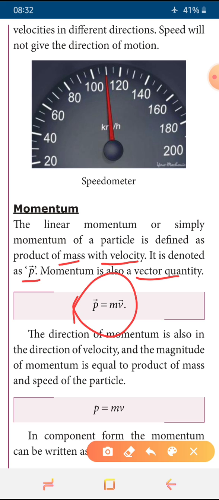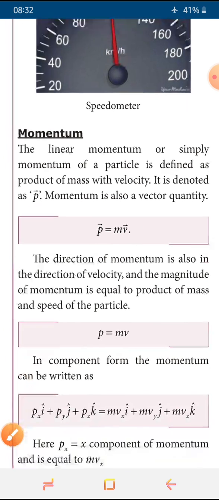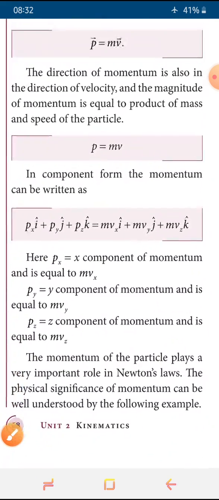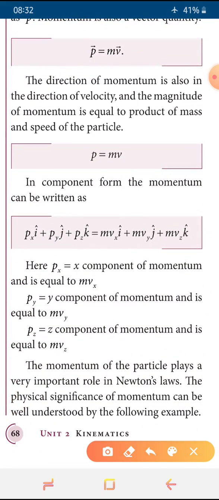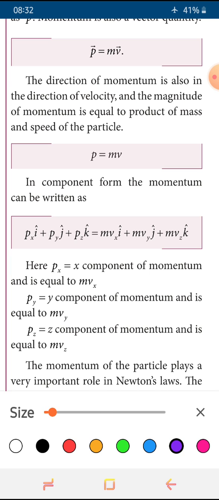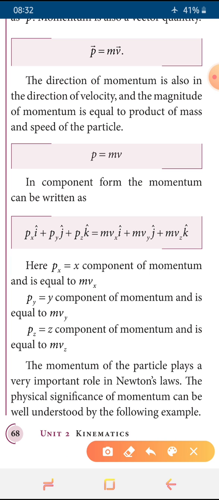In ordinary form we can write the formula as p equals m into v, which is given here. When we compare with components, we can use the formula with the help of components representing the coordinates x, y and z.